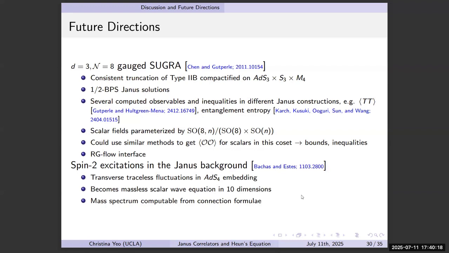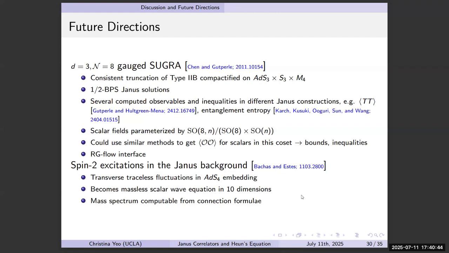People have calculated the TT correlator to look at transmission and reflection coefficients, and people have calculated entanglement entropy. Because this is an explicit solution, we could again calculate the 2-point correlation function like we did here. The scalar fields in this theory live in this coset, so we can use this similar technology to get this correlator, get some nice bounds and inequalities.